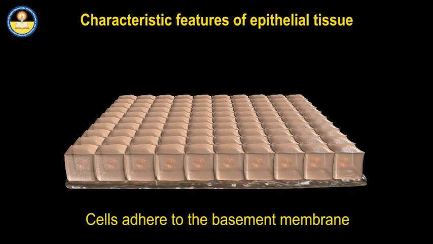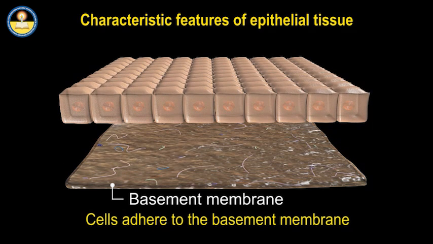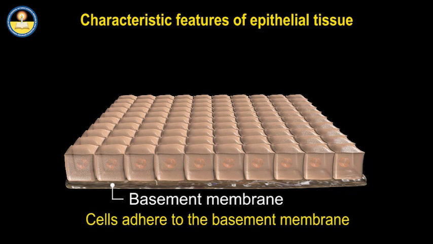The cells of epithelial tissue lie on a sticky membrane known as basement membrane. The basement membrane provides structural support for the epithelium and also binds it to neighboring structures.